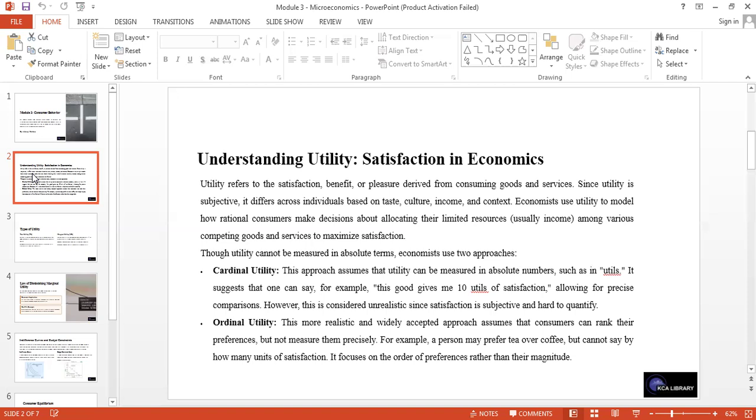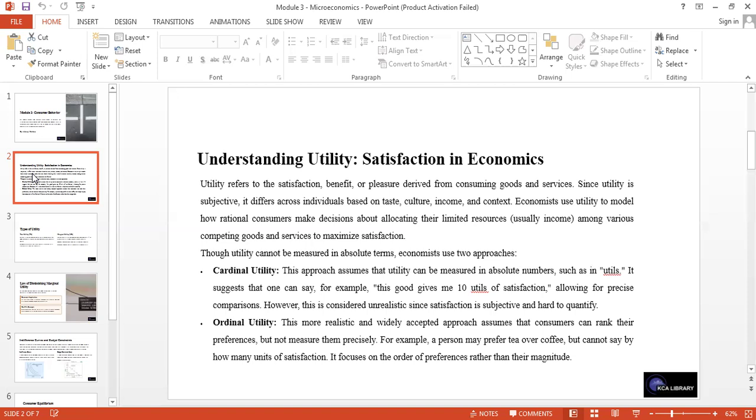So it differs across individuals. Economists use utility to model how rational consumers make decisions about allocating their limited resources, usually income, among various competing goods and services to maximize satisfaction.